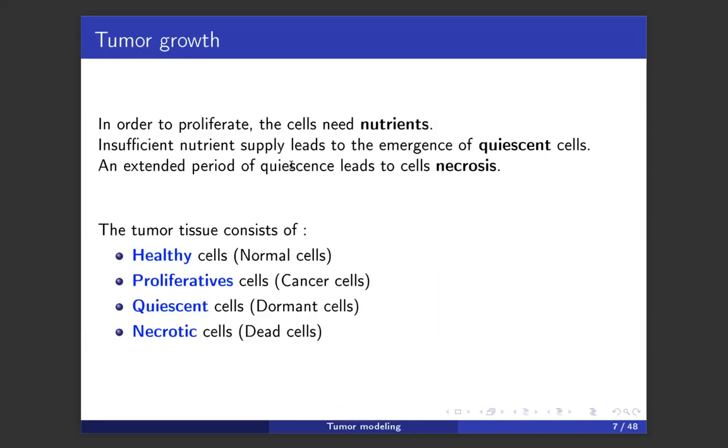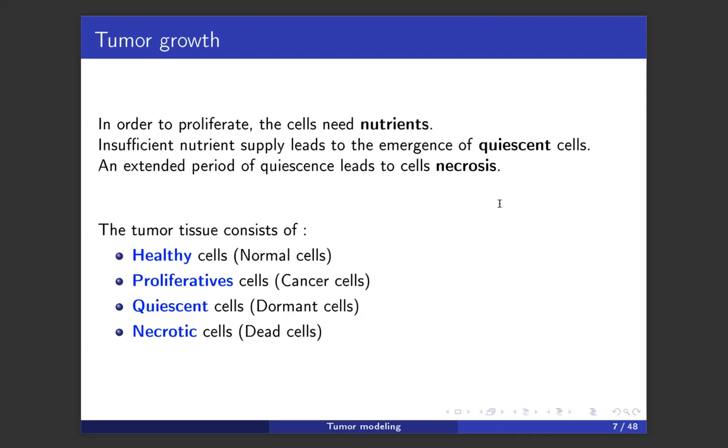In order to proliferate, the cells need nutrients. Insufficient nutrients can cause the emergence of quiescent cells, and an extended period of quiescence leads to a cell's necrosis.